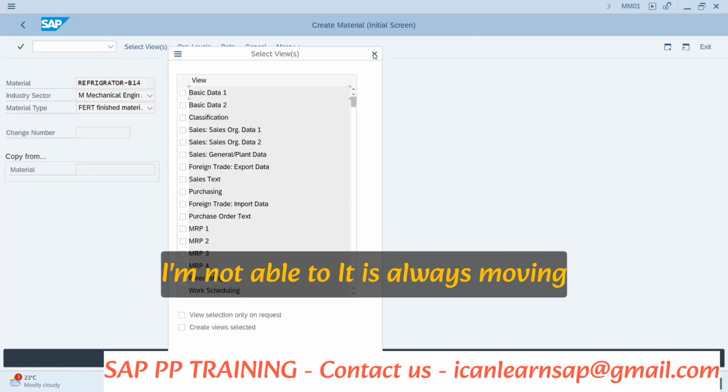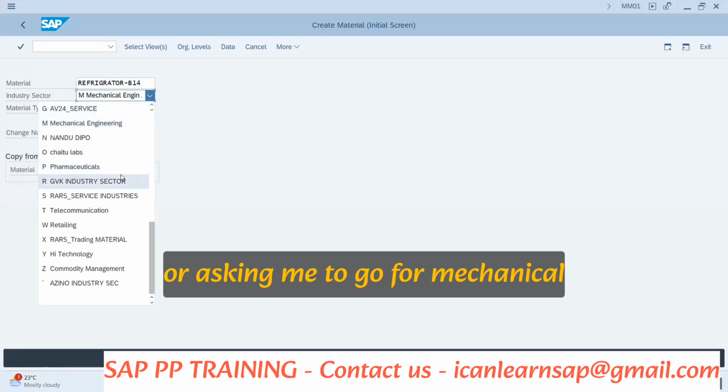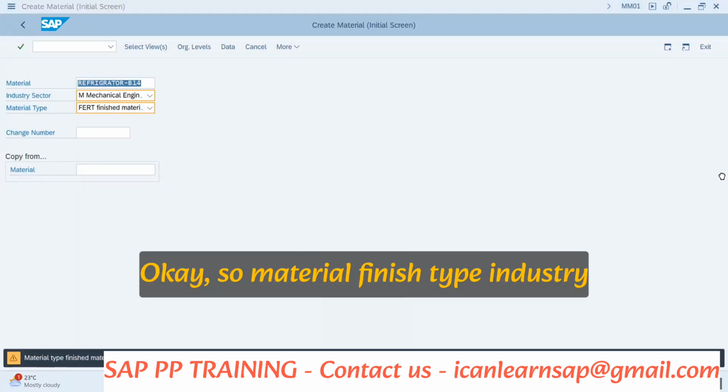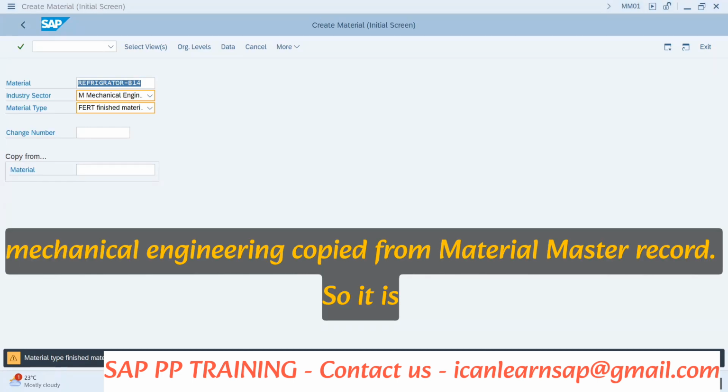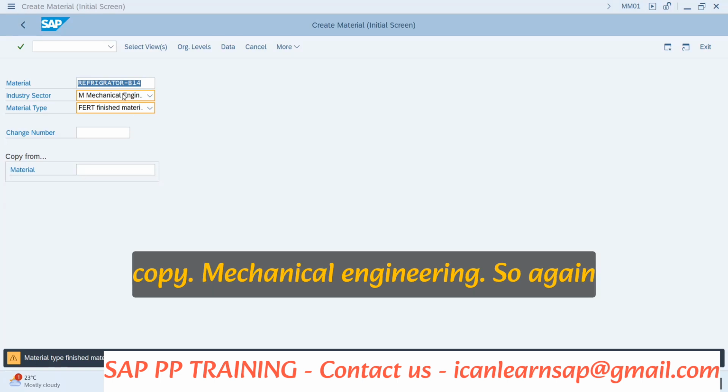Can you see? I'm not able to. It is always asking me to go for mechanical engineering only. See, I'm trying to change. It says the material type and industry are copied from the material master record. So whenever you are selecting this material, it is always copying mechanical engineering.